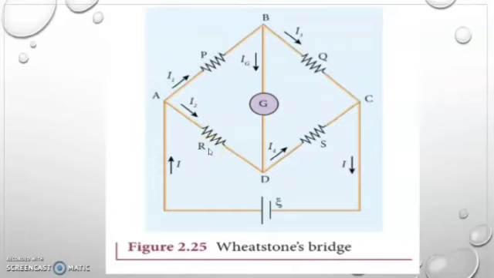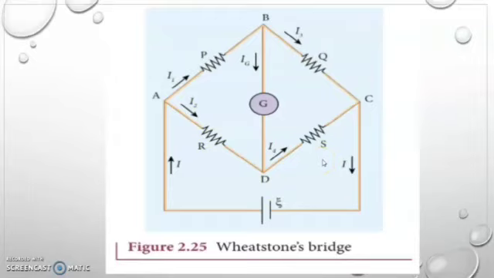And similarly, applying Kirchhoff's voltage rule in the loop ABCDA, we get I1P plus I3Q minus I2R minus I4S is equal to 0. These are the four basic equations.